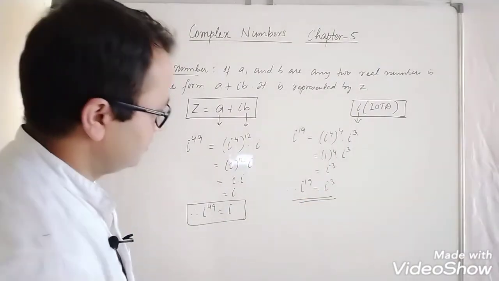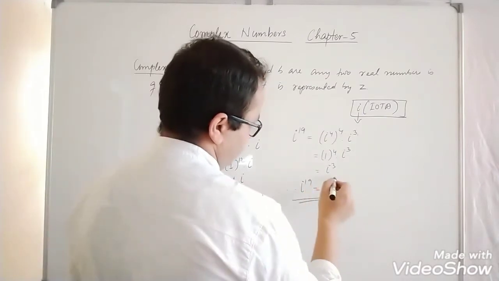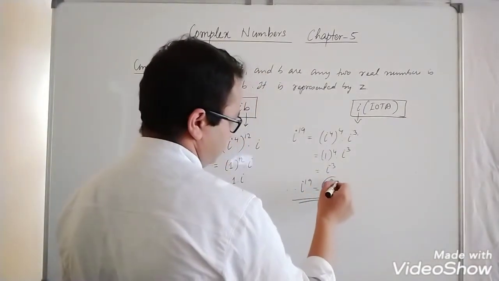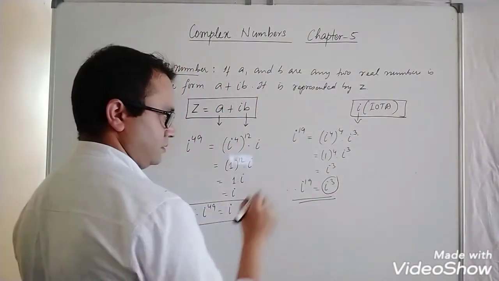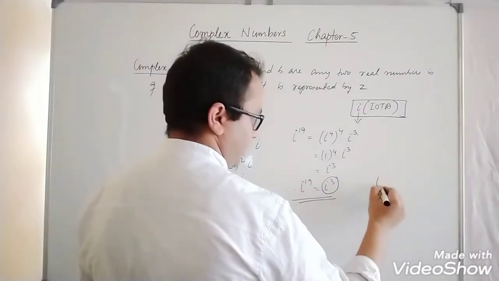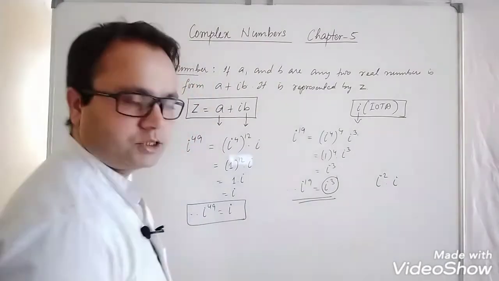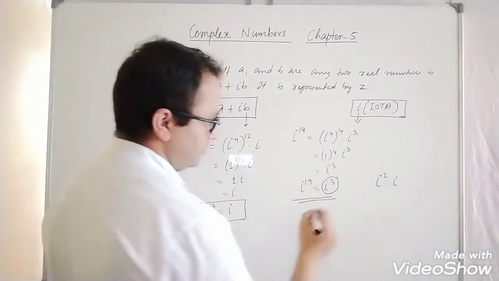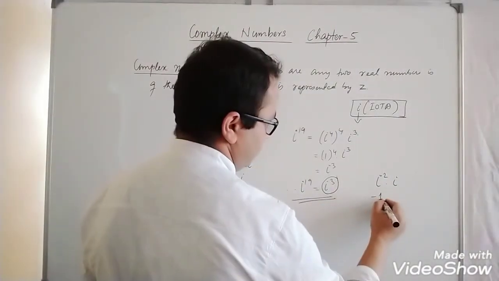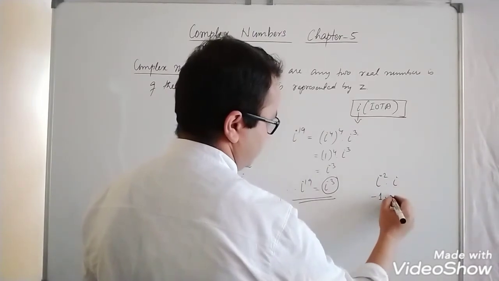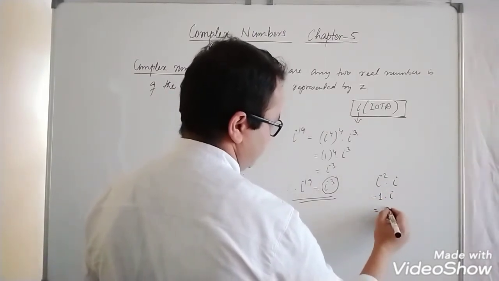So this part can be broken down. How? i square into i is i cube, and i square is minus 1, so this equals minus i.